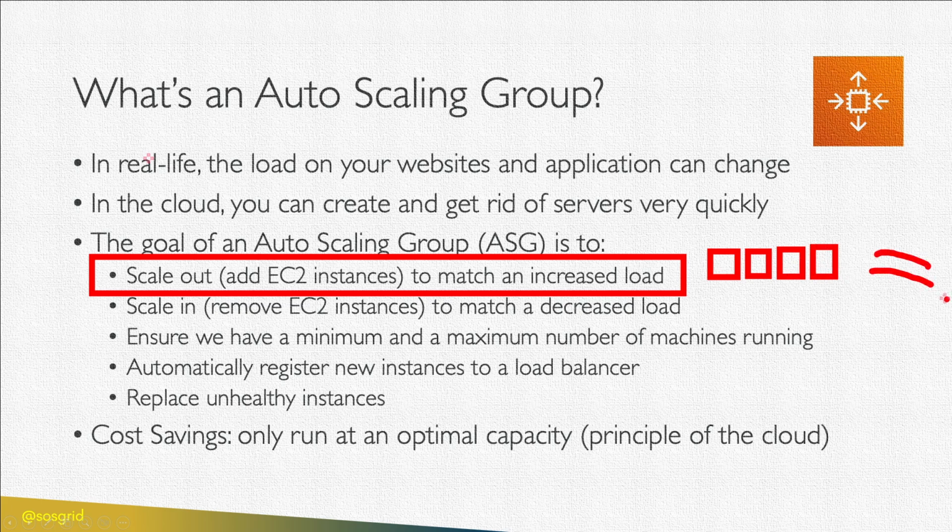So the more people that visit your website, the more instances are created automatically. And if there are fewer people, you have fewer EC2 instances. Okay, so scaling out just means you are adding more instances, so that you can balance the load between different users, between different traffic.